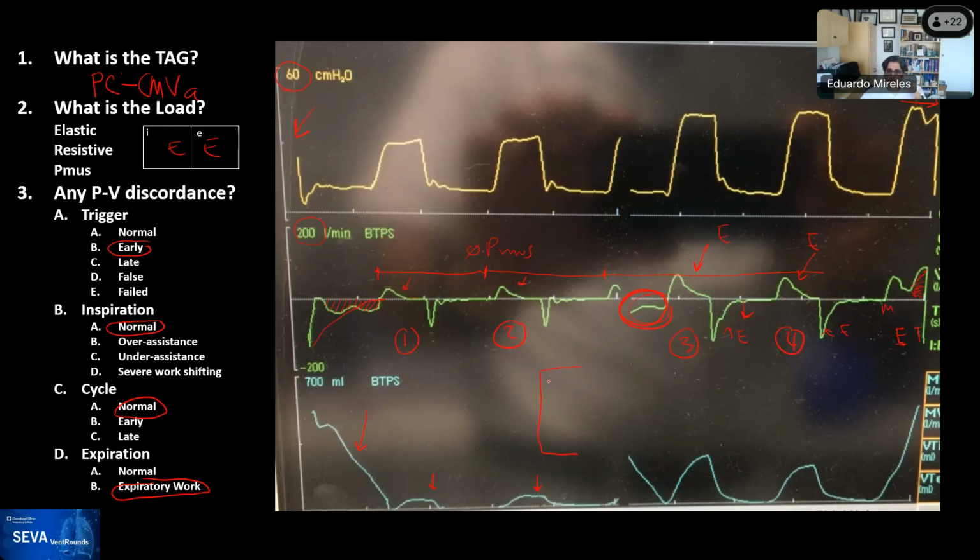Can you put in the chat what you think are the causes that change compliance rapidly in patients? And by rapidly, I mean essentially within 1, 2, 3, 4, so within 6 breaths.